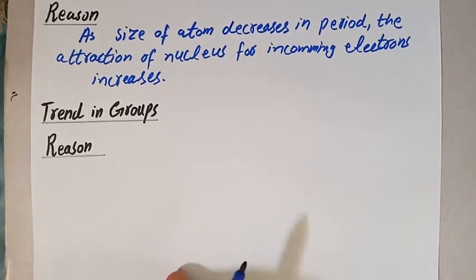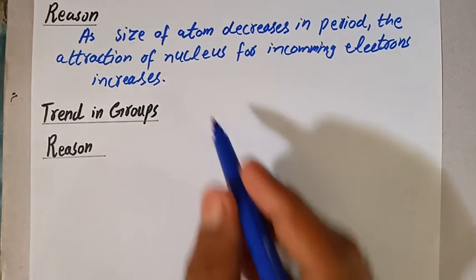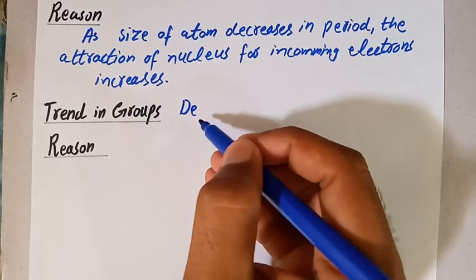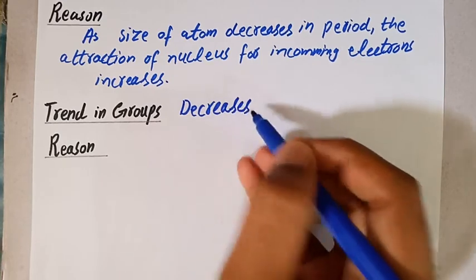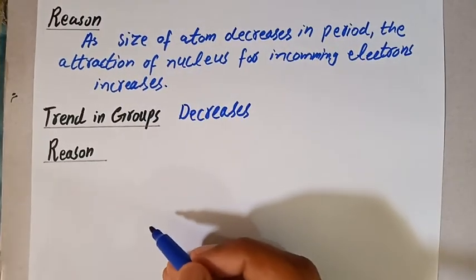Now we will discuss the trend of electron affinity in groups. Electron affinity decreases in a group. Why does it decrease?